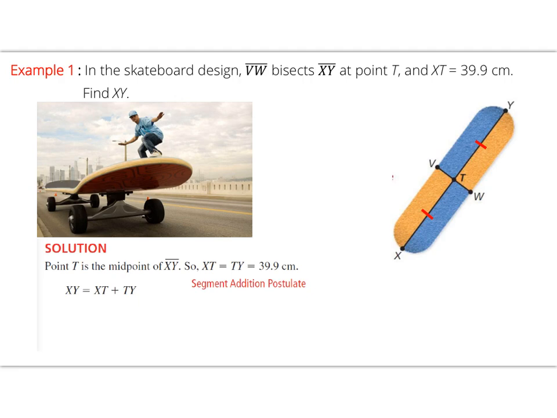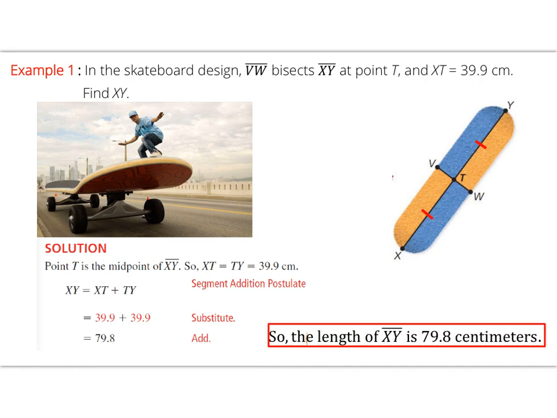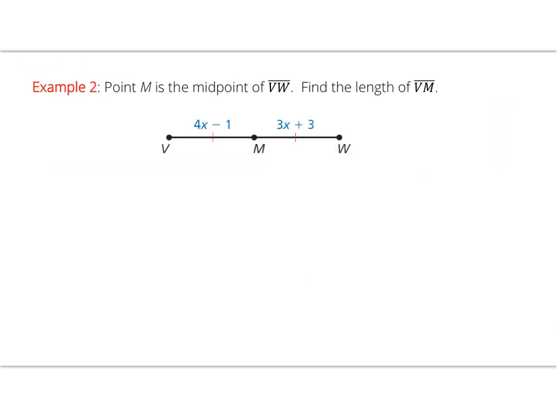So we can set up our segment addition postulate that says XY, the whole length from one end to the other of the skateboard, equals the parts. So XT plus TY. So then we substitute the 39.9 for each of the segments and add that together, and we get 79.8. So the length of segment XY is 79.8 centimeters.